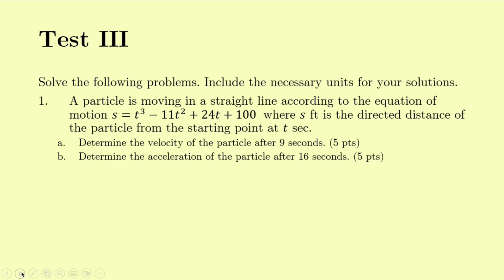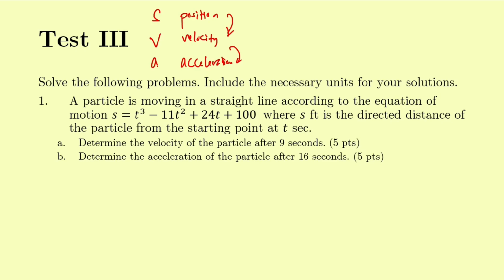So let's recall again the position. The derivative of position is velocity or speed. The derivative of velocity is acceleration. Usually the variables used here are s, v, and a.